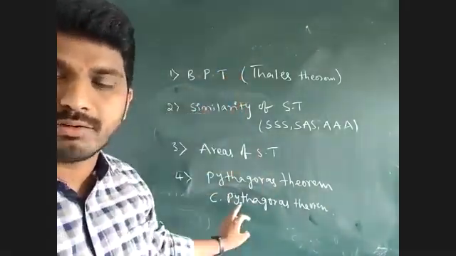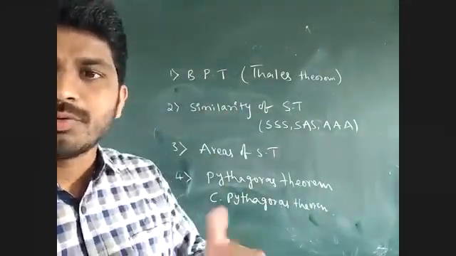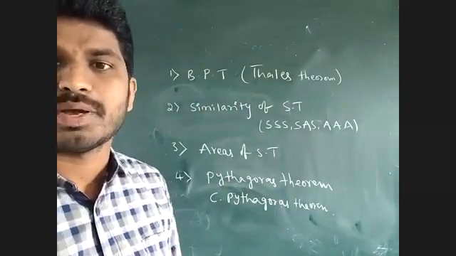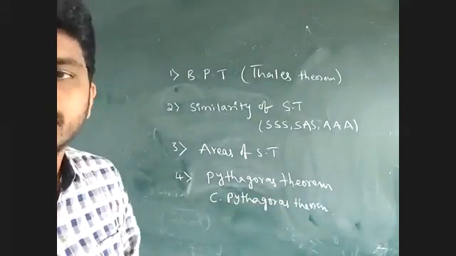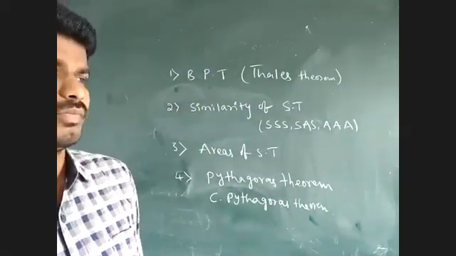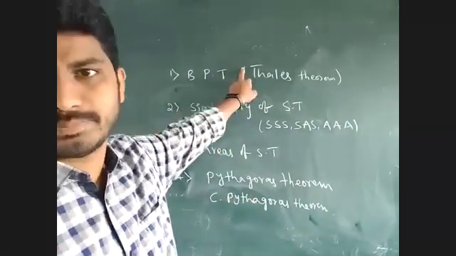Who is this Pythagoras? Pythagoras is the student of Thales. Which one is bigger and which one is smaller? Is Pythagoras the bigger one, or is the scientist Thales bigger? Thales. Okay? Pythagoras is the student of Thales.